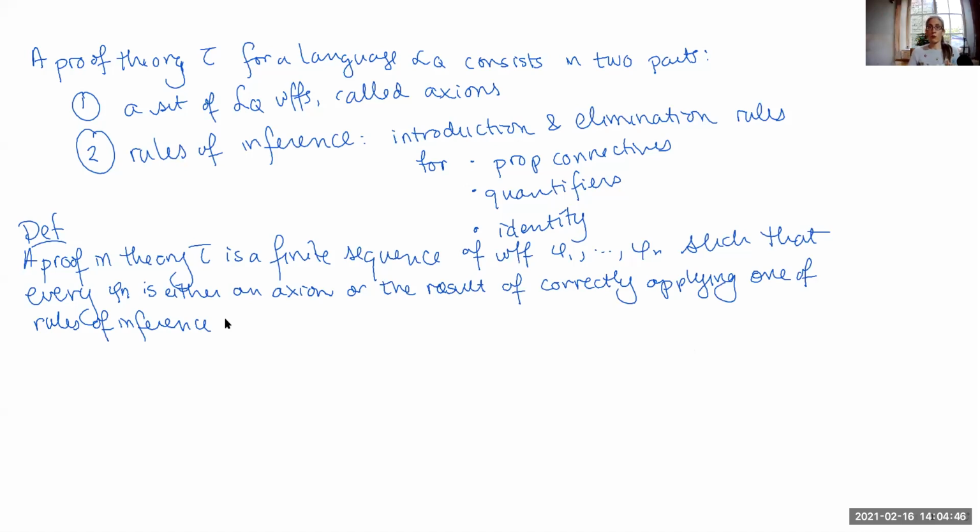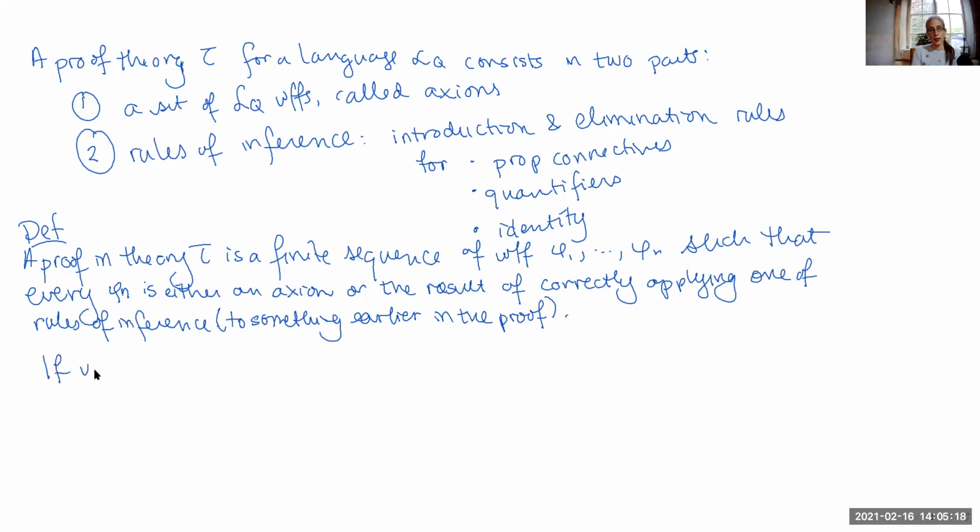Assumption, we can just write down without referencing any line earlier in the proof. However, for the most part, our rules of inference do require us to have something already written down. So I'm just going to add in, as a bit of a parenthetical, the result of correctly applying one of our rules of inference to something earlier in the proof.